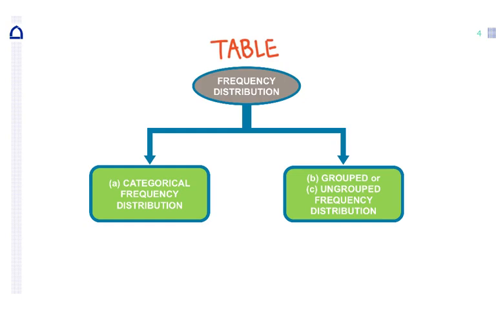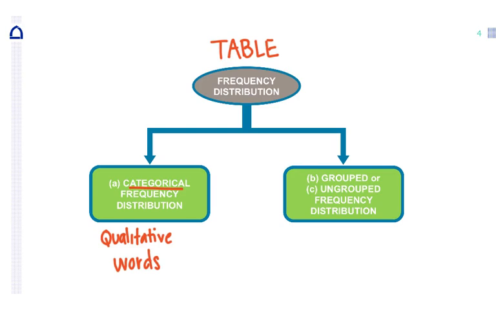When we talk about making tables, there are two main types of tables we will be creating. One is called categorical, and this is when we have qualitative data. If you remember, qualitative data is usually words or letters, but basically not numbers that you do math with. When you have qualitative data, we'll make categorical frequency distributions.